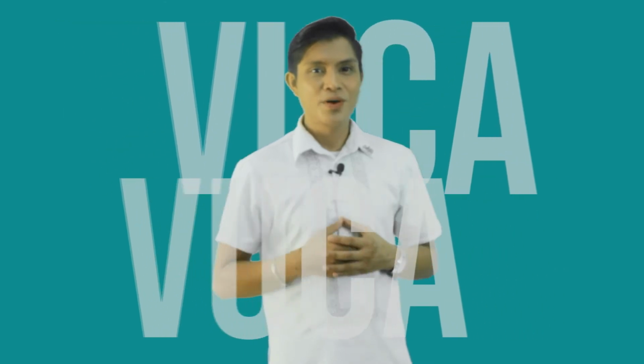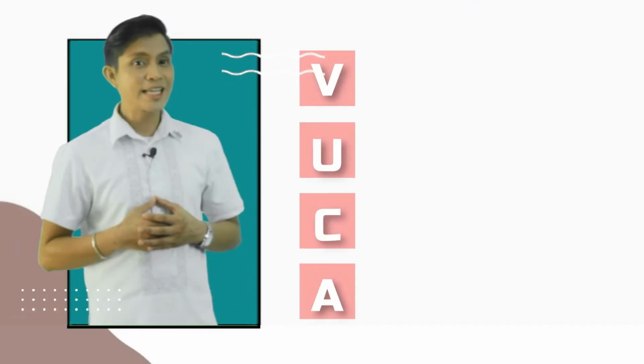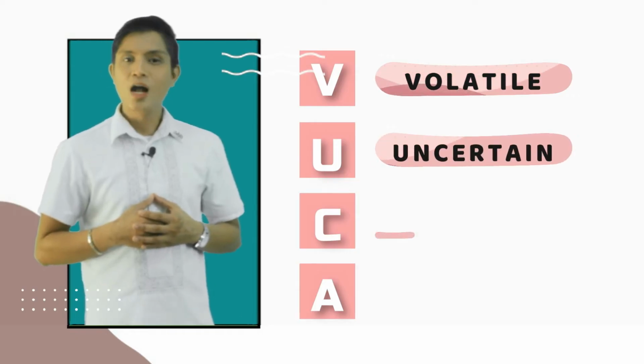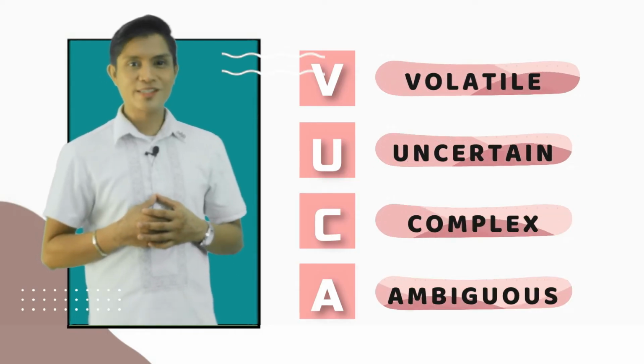In today's episode, we will unfold the world of literature as I am going to introduce to you the concept of VUCA, which stands for volatile, uncertain, complex, and ambiguous.